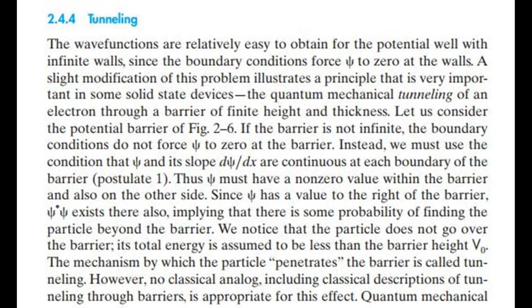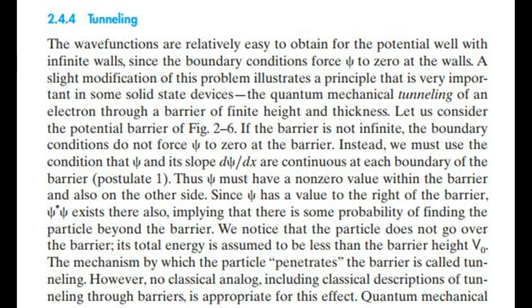Tunneling. The wave functions are relatively easy to obtain for the potential well with infinite walls, since the boundary conditions force ψ to 0 at the walls. A slight modification of this problem illustrates a principle that is very important in some solid-state devices: the quantum mechanical tunneling of an electron through a barrier of finite height and thickness. Let us consider the potential barrier of Fig 2.6.